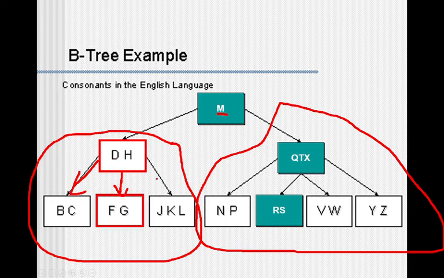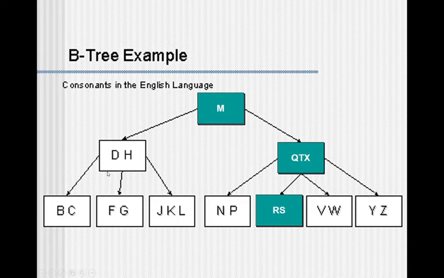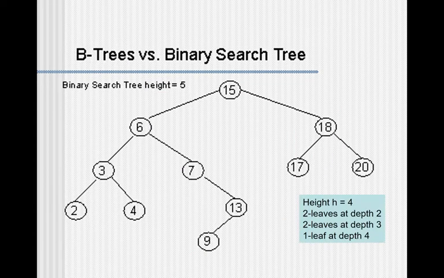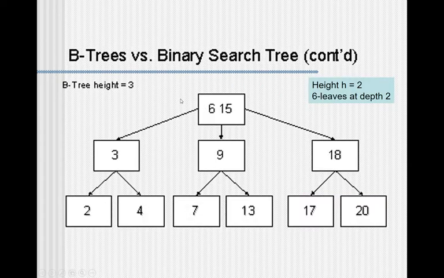I am repeatedly saying that just to keep you engaged here. But these are the properties. Now if you see here, this data is stored in a binary search tree, and the height of the binary search tree here is 5. If we store the same data in a B tree, it is stored with a height of 3.